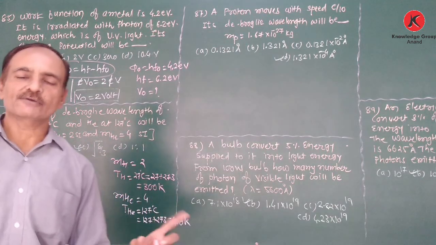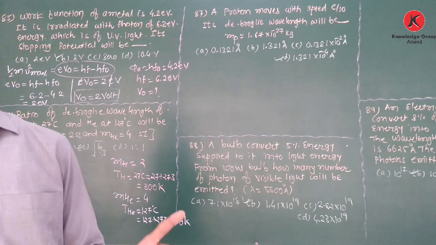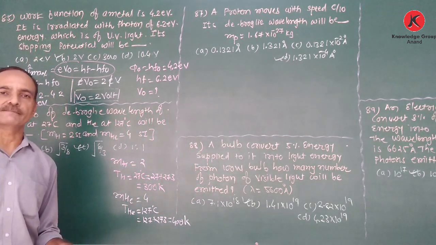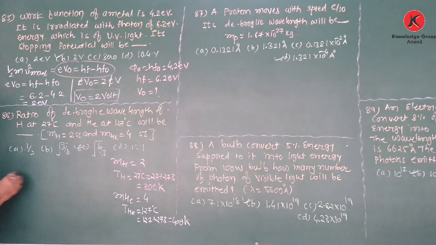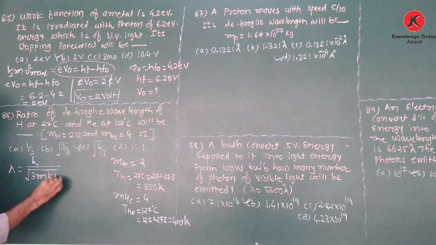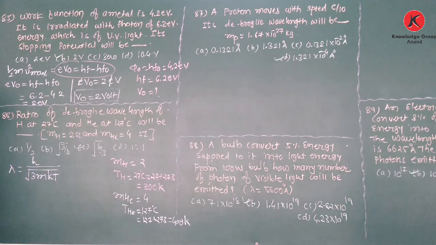Now in one MCQ question, we obtain the equation of de Broglie wavelength of helium with its absolute temperature. So this equation is lambda is equal to h upon under root of 3mkT. k is the Boltzmann constant here.